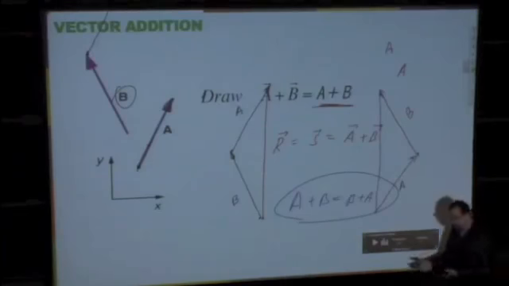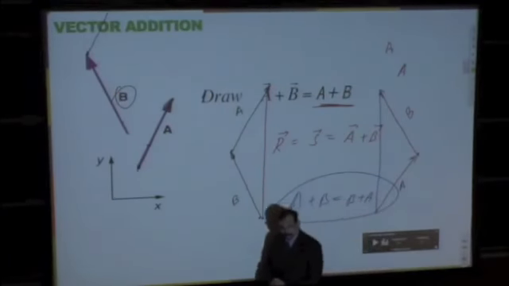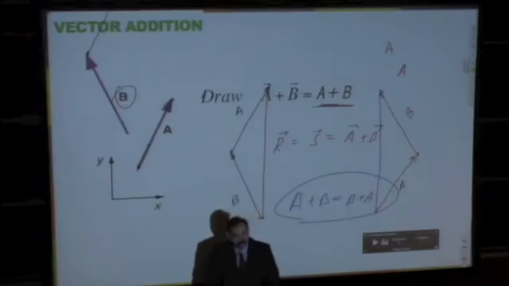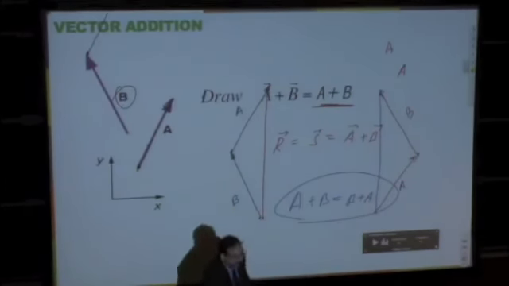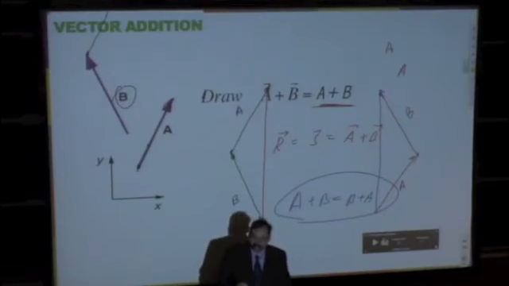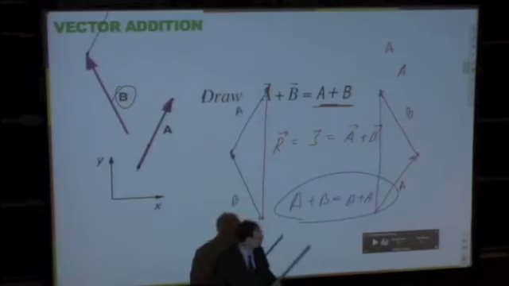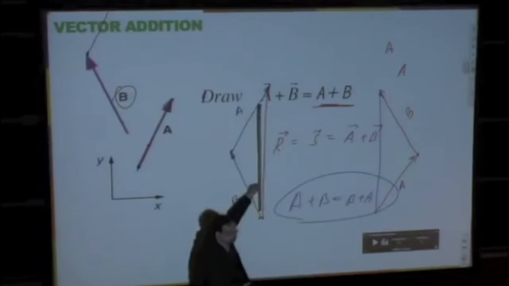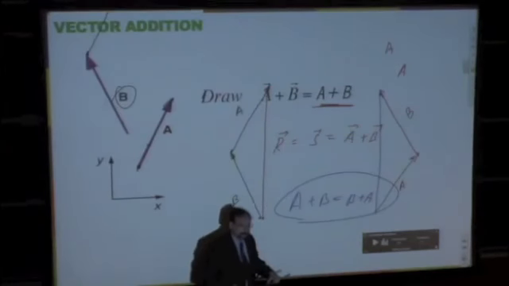If we have a question, find the magnitude of the resultant. Well, we have two possible approaches. Number one, we actually can draw all vectors as accurately as possible, and then we can just take a ruler and measure the length of the resultant.